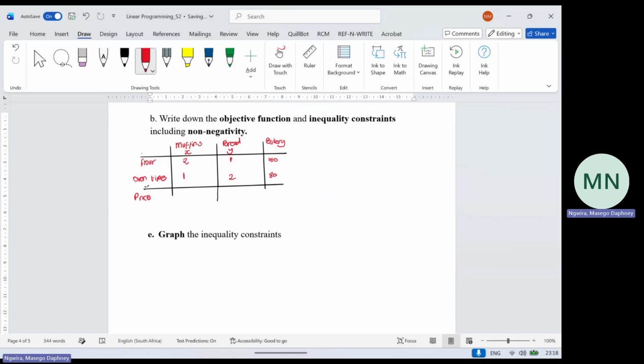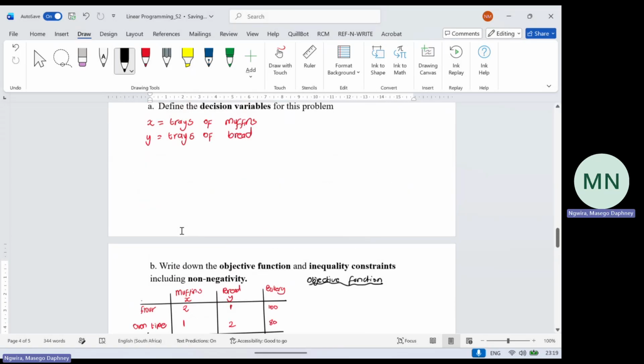And now we are going to do what we did on the first one. We're going to start with the objective function. By now you should know objective function. What do we have? Oh, I didn't finish, the price.